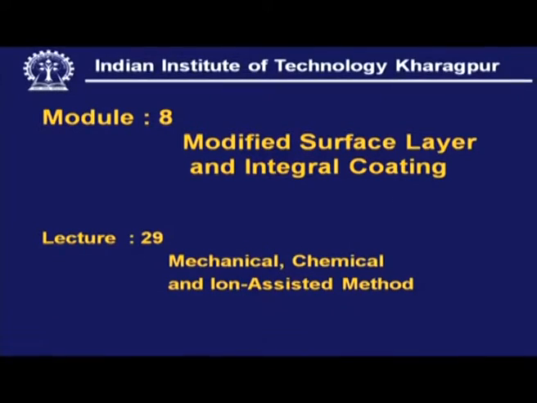Modified surface layer and integral coating. What we mean here is that the modified surface layer is actually a change in the mechanical characteristics of the surface layer, which is mechanically functional, and this is particularly important for parts which are mechanically functional.